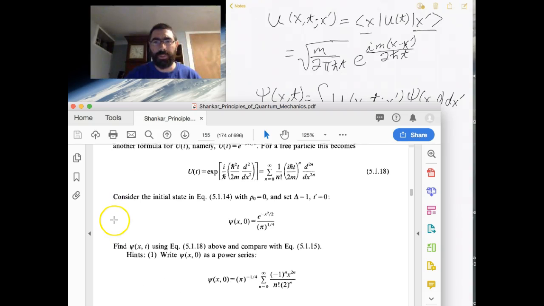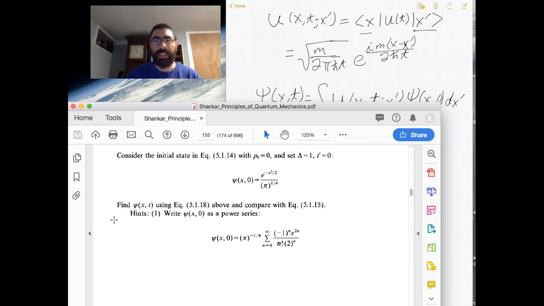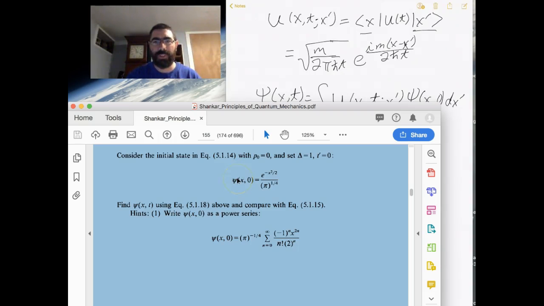To simplify things, they start with the initial momentum equal to 0 and the width of the wave packet equal to 1 at time t equals 0, giving a simplified version of the initial wave function.